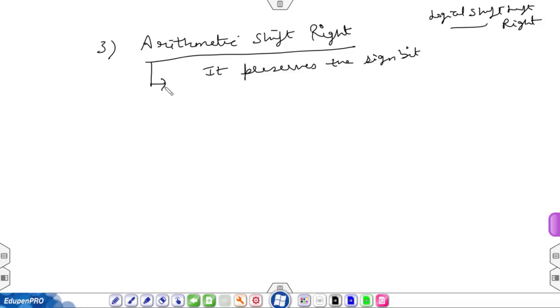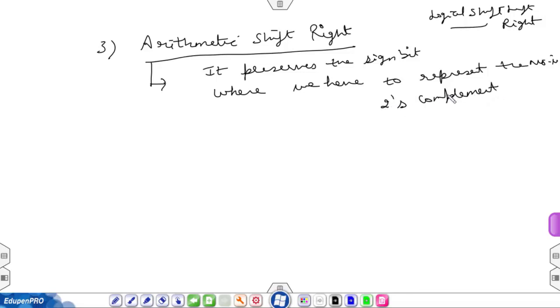Arithmetic shift right is usually used where we have to represent the number in 2's complement form. The speciality of this operation is that it preserves the sign bit; the sign bit of the number remains the same. Now we will understand this by taking one example.